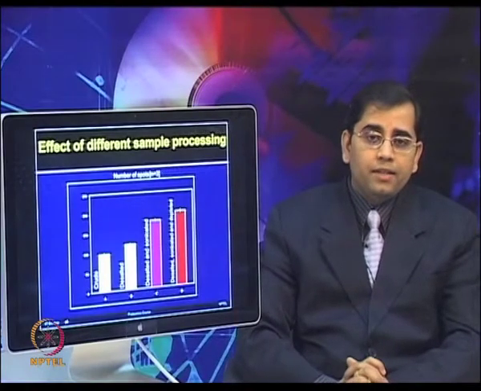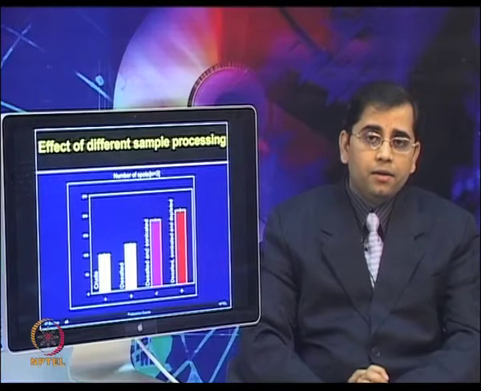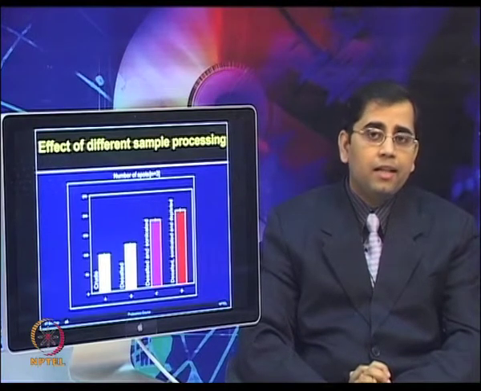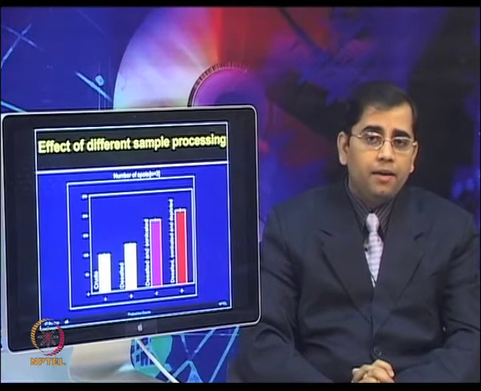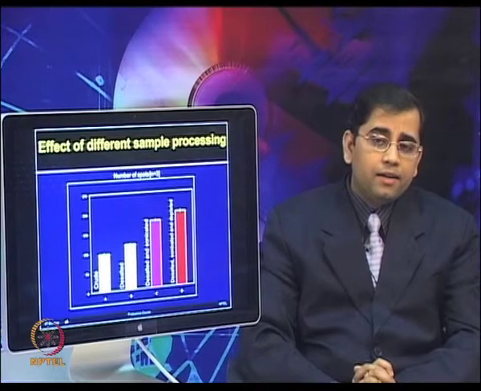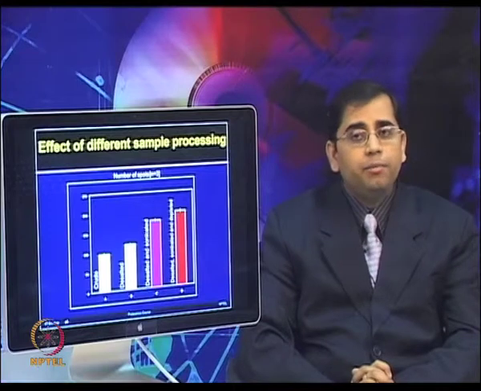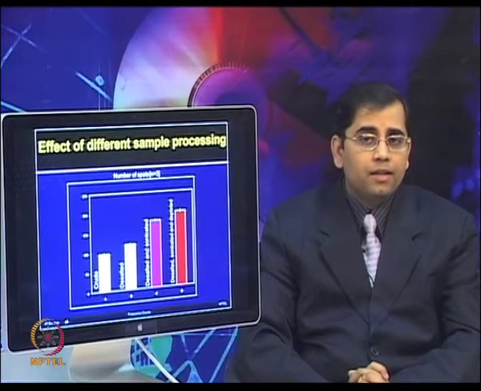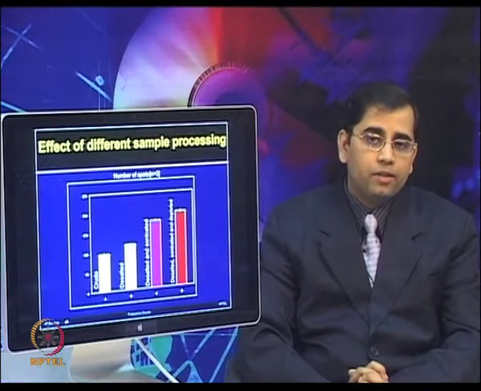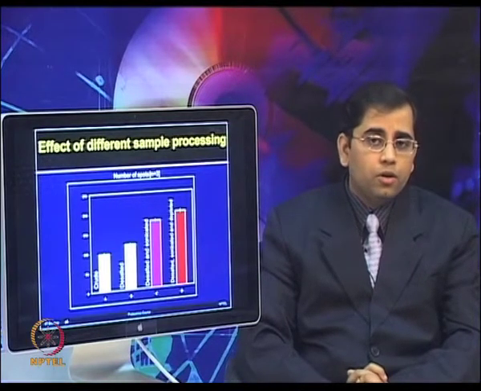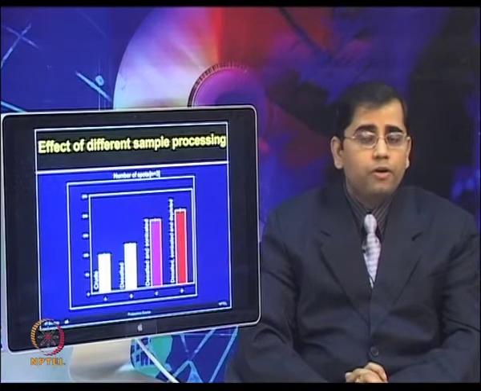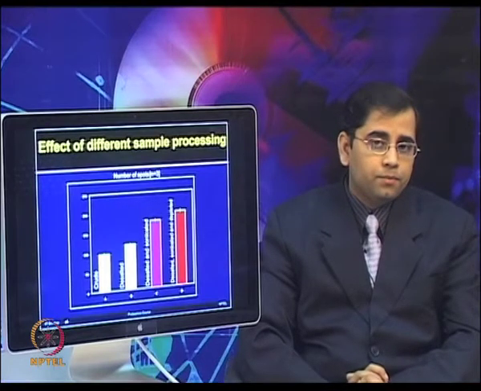From the previous study we looked at replicate gels, n is 3 here, and we found that desalted, sonicated and depleted sample gave us the largest number of spots on the gel as compared to crude alone, desalted alone, or desalted and sonicated.